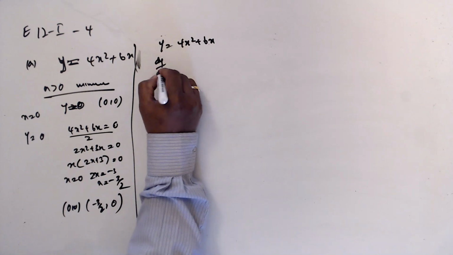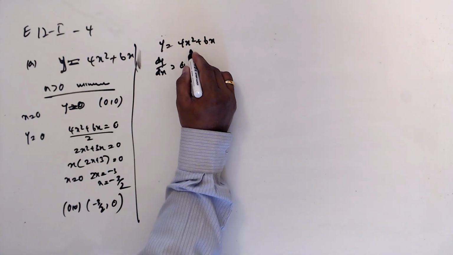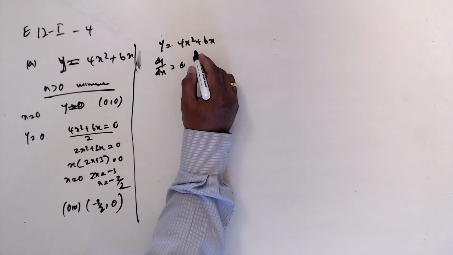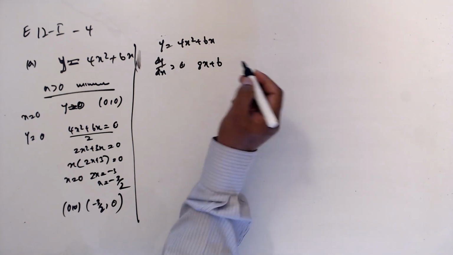Then you take dy by dx, which is 8x plus 6.